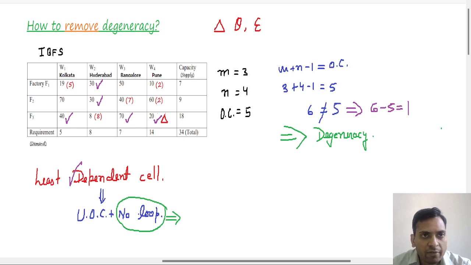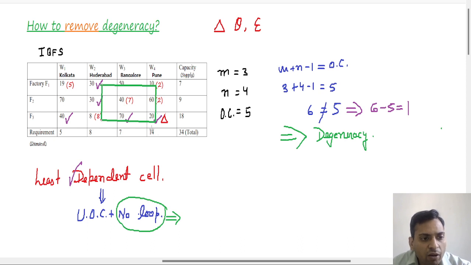Okay, so we will try the first one. The first movement is this, horizontal. The second movement is towards this occupied, the new occupied, and the next movement is towards occupied, and the next movement towards the starting point. So this loop is created after putting this.